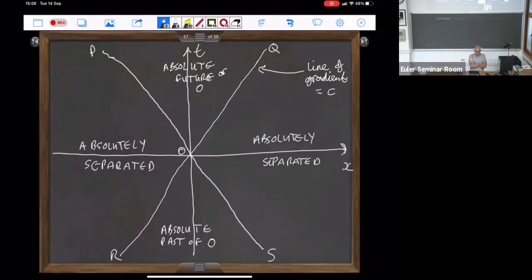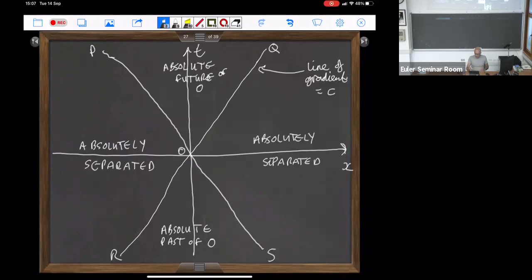There's an absolute future of the event O, and there's an absolute past of the event O. The point is that in the absolutely separated region, any other event which occurs there will always have a different x position to O. And similarly, in the absolute future, any other event will occur after O, meaning that there's no frame of reference you could find in that region that would have the same time coordinate as O.